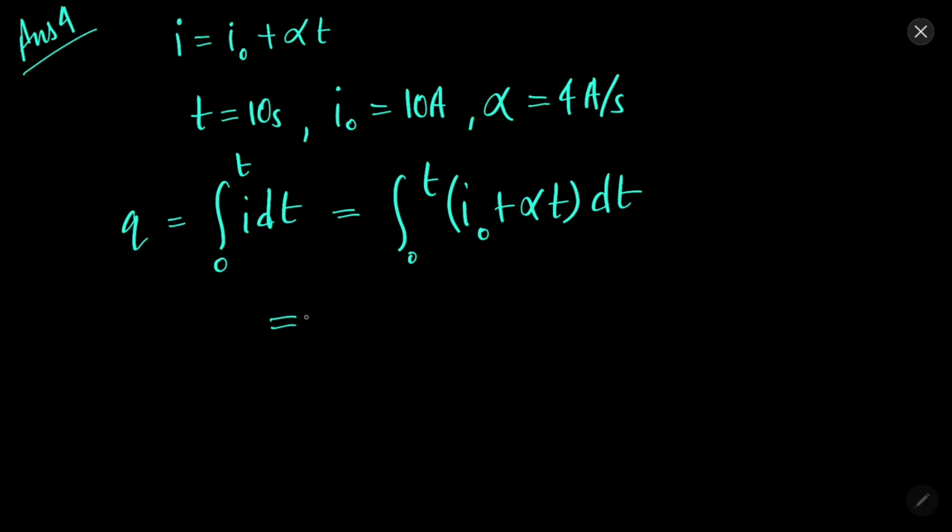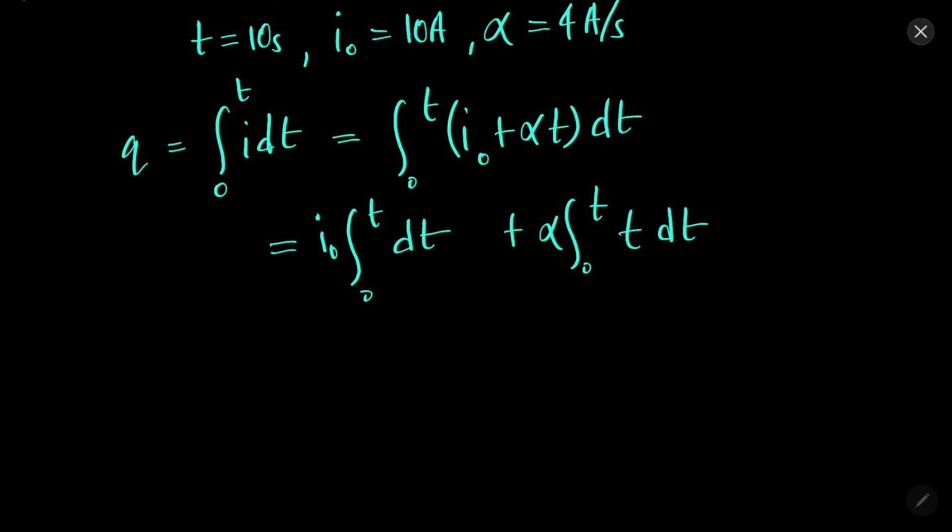So we can write it individually: integral 0 to t of I naught dt plus integral 0 to t of alpha t dt, and we can write alpha outside because it is a constant, and I naught outside because I naught is a constant. So it's quite simple: I naught t plus alpha t square over 2.